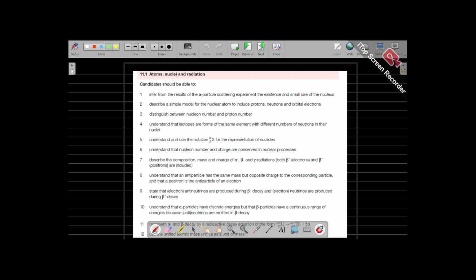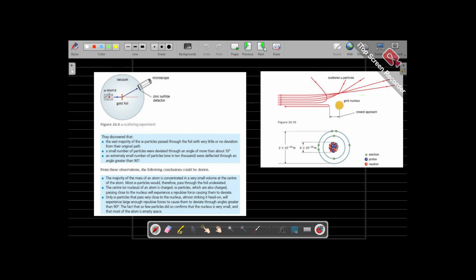Starting with the very first objective, that is for alpha particle scattering experiment, which led to the conclusion for the size of nucleus as well as its composition. This right here is the experimental setup for the discovery of the structure of nucleus. We have a source of alpha particle and then a gold foil, and then we have the zinc sulfide detector as well.